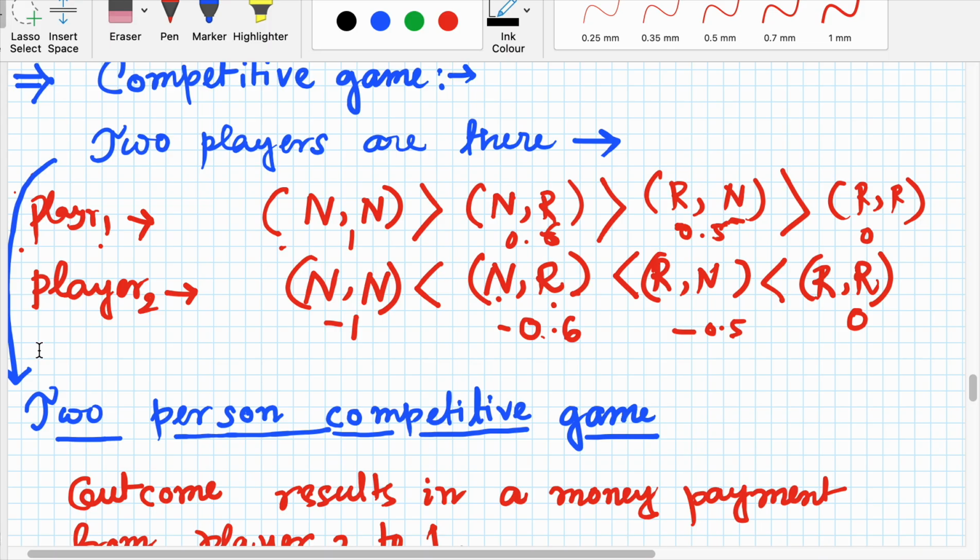The essence of a competitive game means the two players who strategically interact with each other, their preferences over outcomes should be exactly in the opposite manner.